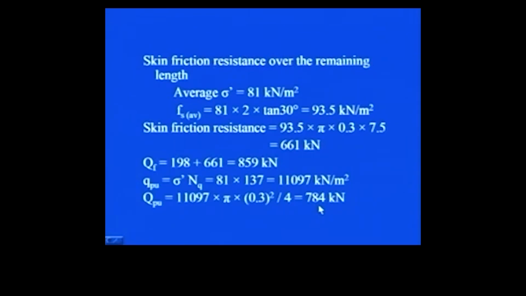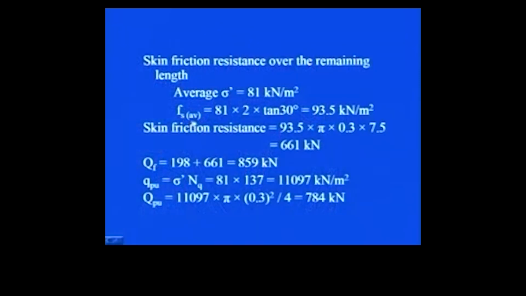Then skin friction resistance over the remaining length. So, beyond 4.5 meter till the length of the pile, this average sigma prime will be constant, which is equal to 81 kilonewton per meter square, and so this Fs average will become 81 into K, that is 2 into tan delta, delta is 30 degree, and this will result into 93.5 kilonewton per meter square.